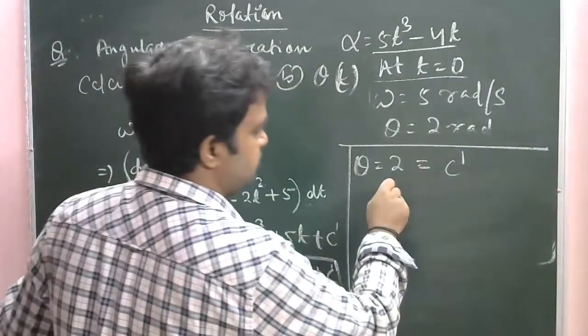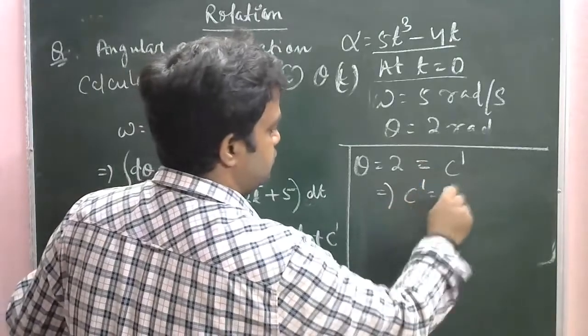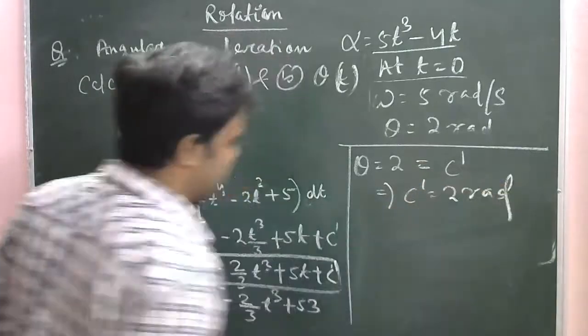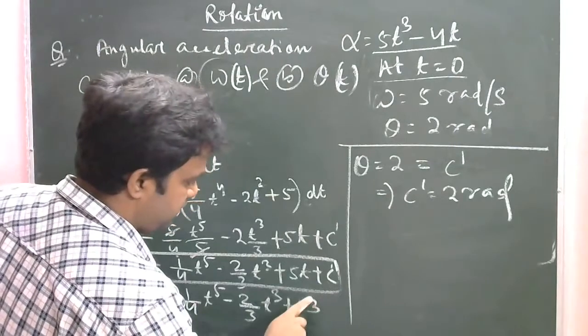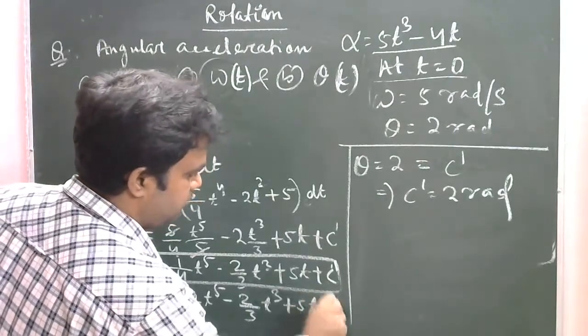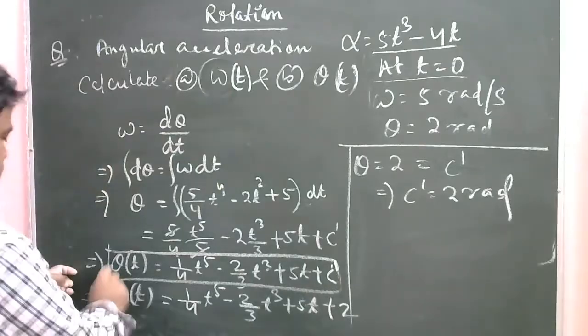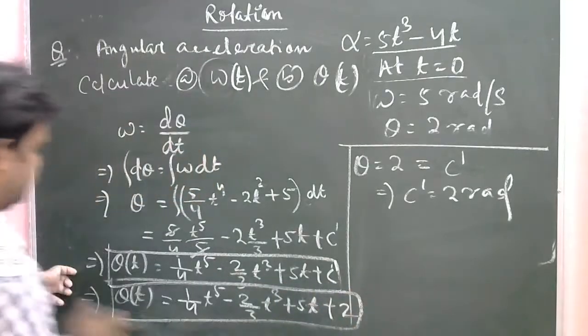Okay, so c prime is equal to 2 radian. The displacement is in radian. Okay, 5t plus 2. So this is what you are getting theta.